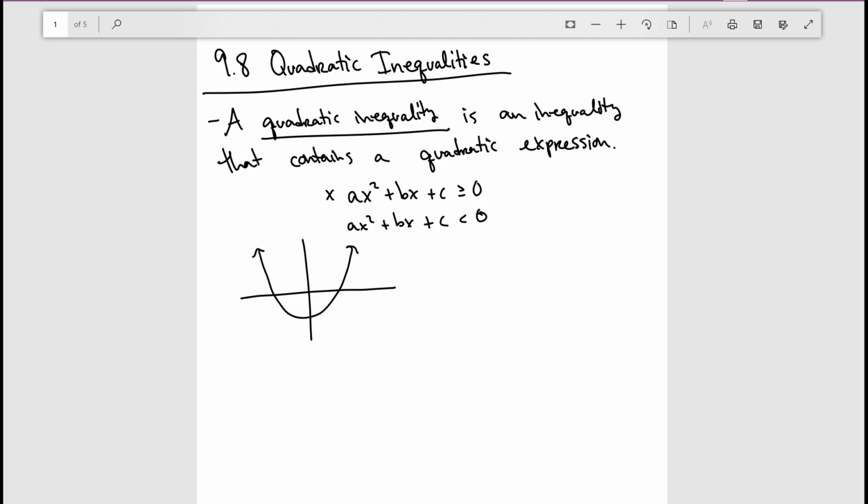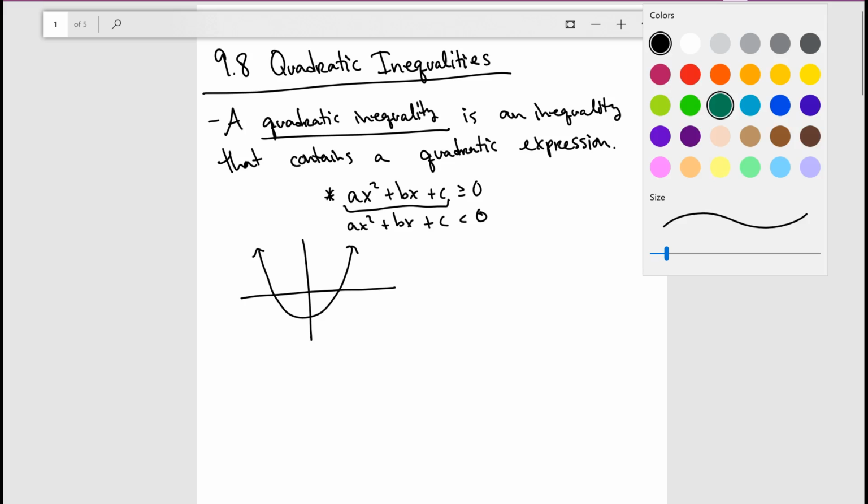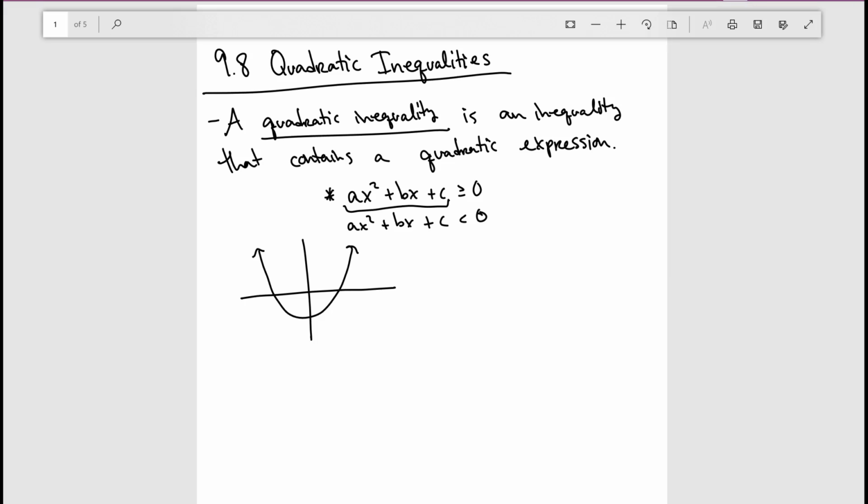If I'm asking you the first thing, I'm saying, where is this parabola greater than 0? All the numbers that are greater than 0 are positive. So where are all the values that are positive? And if you can see, the values that are positive are here and here.